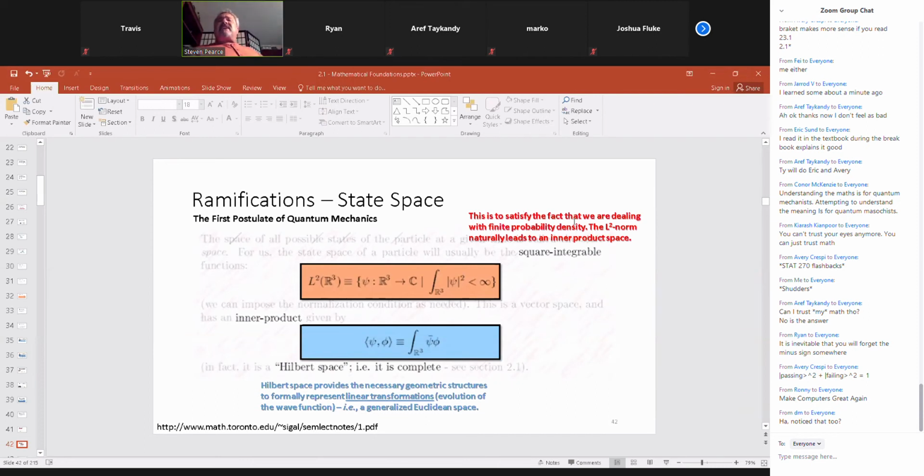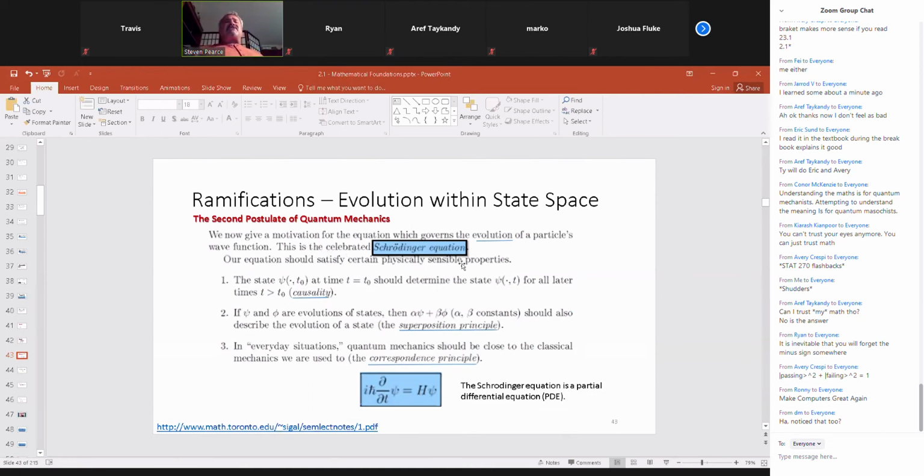This is to satisfy the fact that we're dealing with a finite probability density. The L2 norm naturally leads to an inner product space. And it has to do with the fact that the Born rule forces this on us. This right here, this idea that it's complete, simply means that I can apply the limit and therefore these integrals can be taken. Hilbert spaces provide the necessary geometric structures to formally represent linear transformations, the evolution of state space. Okay?